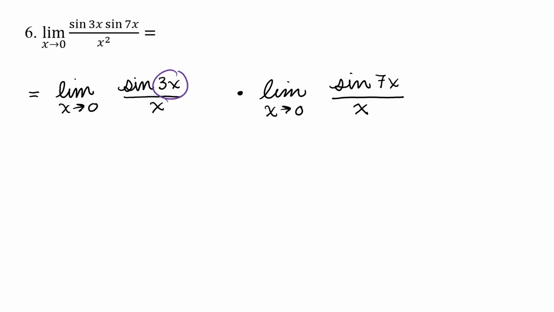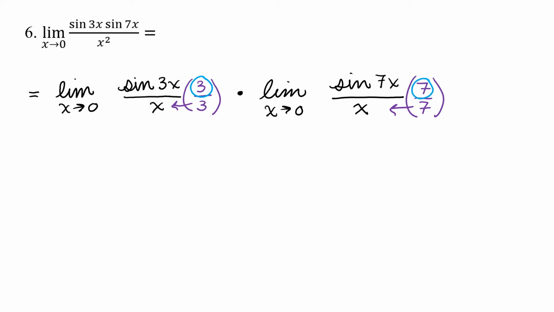Now we need to get our angle and our denominator to match for each of these. So we need to multiply sine of 3x over x by 3 over 3, because there's already an x there. And we need to multiply sine of 7x over x by 7 over 7. This 3 is going to help us evaluate our limit, while the 3 in the numerator is left over. This 7 is going to help us evaluate our limit, while the 7 in the numerator is left over.